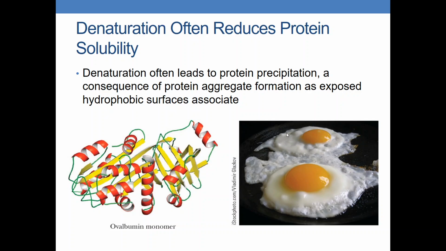Your non-yolk material turns white. What you're seeing here is actually thermally induced protein aggregation and subsequent precipitation. This is just precipitated ovalbumin here. So denaturation of a protein structure often decreases solubility for that protein in solution, leading to this effect.